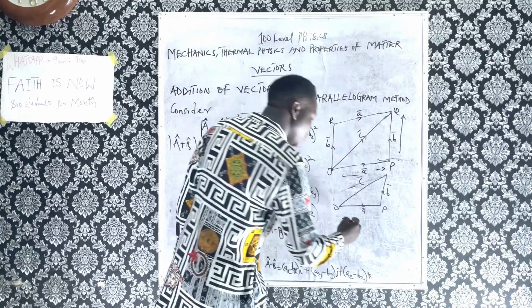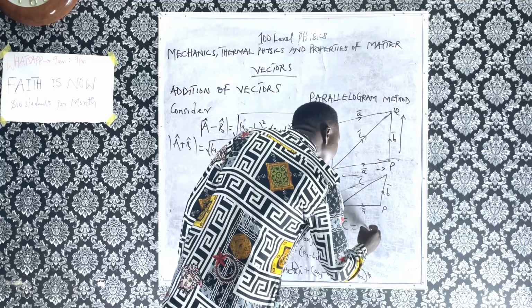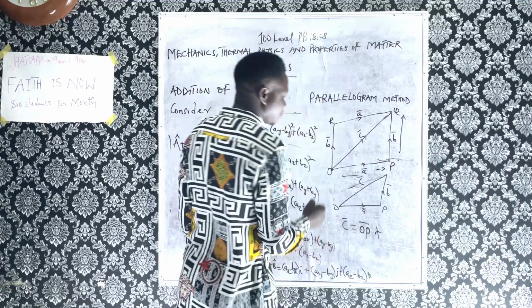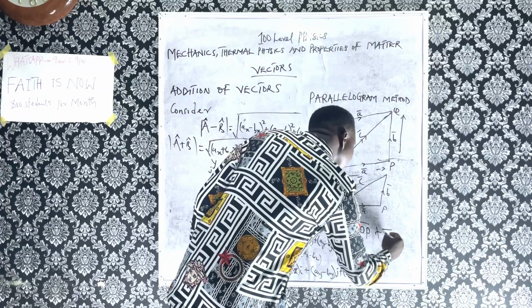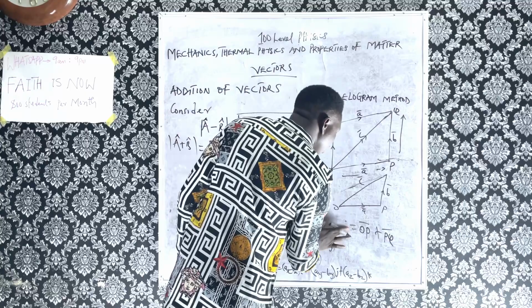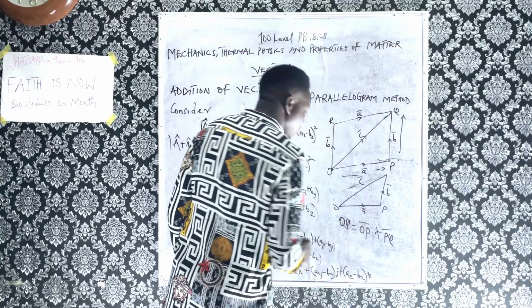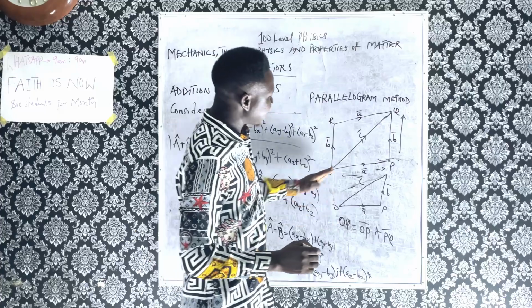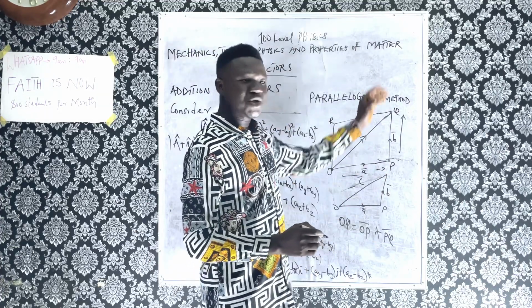So that would be line OP plus PQ, which is OQ. So line OQ equals line OP plus line PQ.